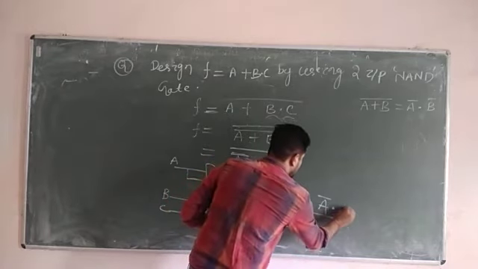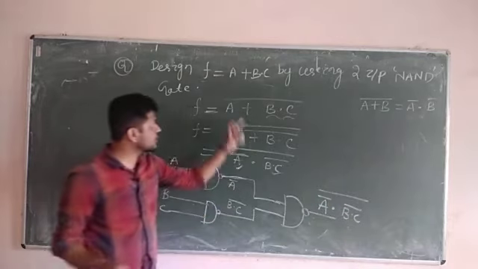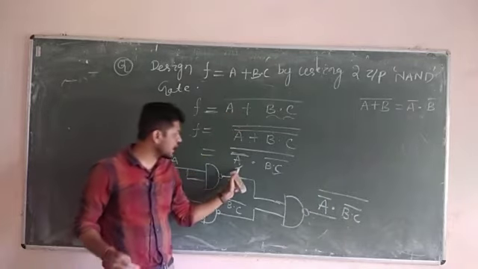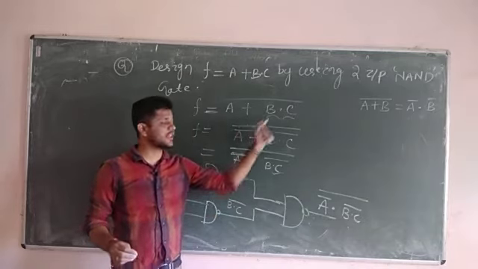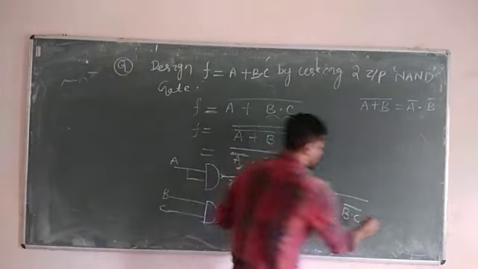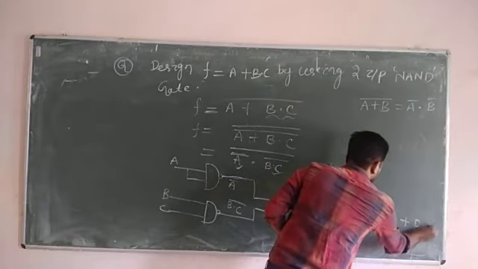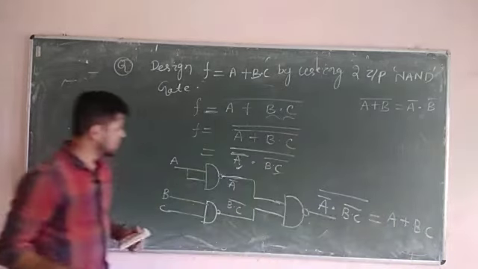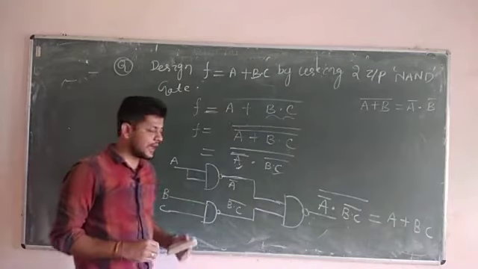A bar and B and C whole bar, and this is nothing but your A or BC, because I have got this expression or derived this expression from this expression only, that is your A or BC. So previously I have implemented this expression by using OR and AND gate.